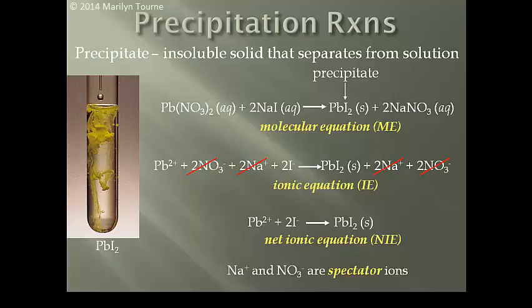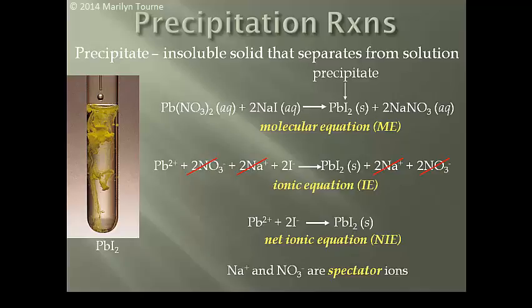For example, lead nitrate is aqueous. That tells me that when you put lead nitrate in water, it's going to dissociate into its ions, Pb2+ and NO3-. So it's very important that we include those states, whether aqueous, solid, liquid, or gas. Again, you will not have to memorize whether they're aqueous or not. That's why you have the table, but you need to learn how to read it. All right, let's move on.